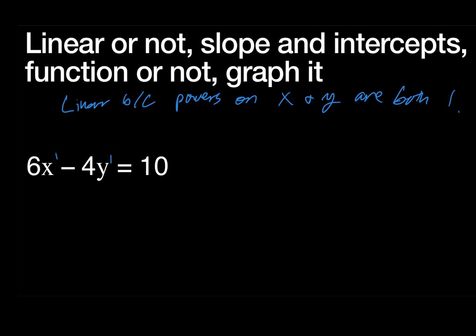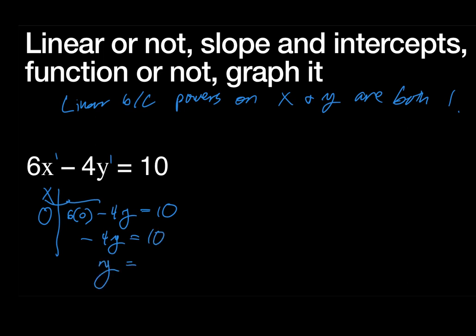Slope and intercepts. Intercepts again, I'm going to start with that one. When x is 0, I'm going to take my equation, so instead of the x, I'm going to have 6 times 0 minus 4 times y equals 10, or 0 minus 4y equals 10. Divide by -4, y equals 10 over -4, which is -5/2. When y is 0, what's my x?